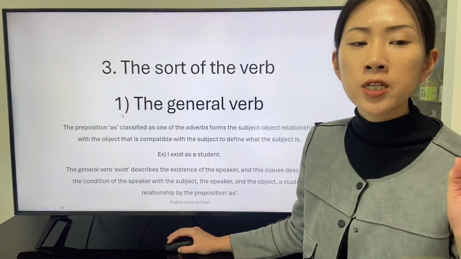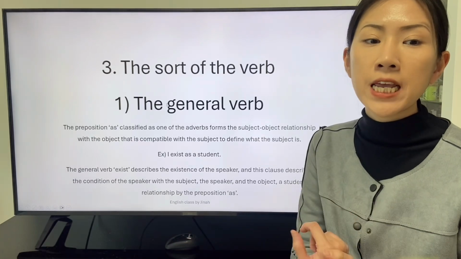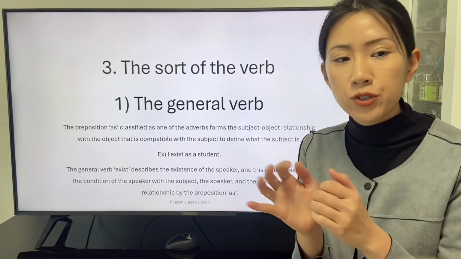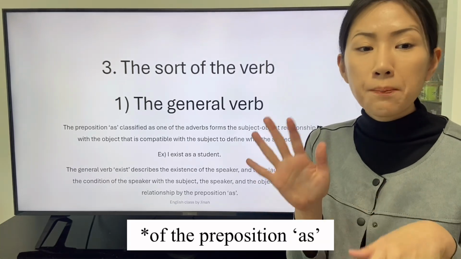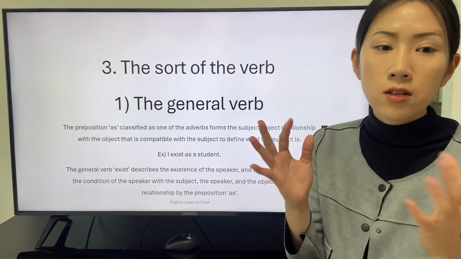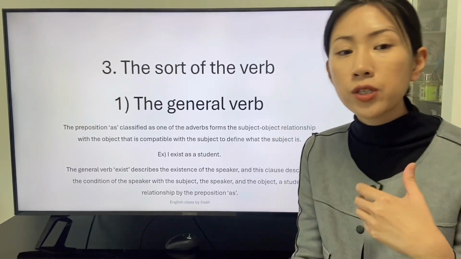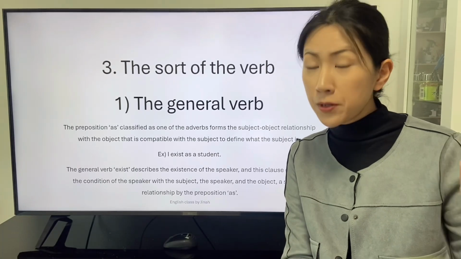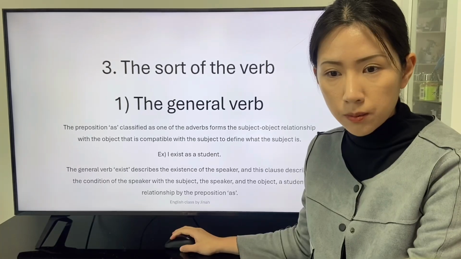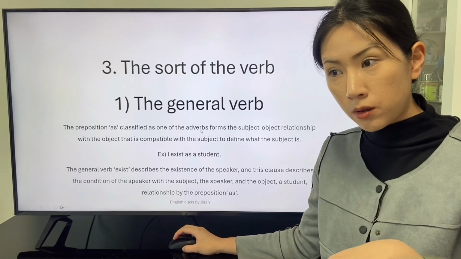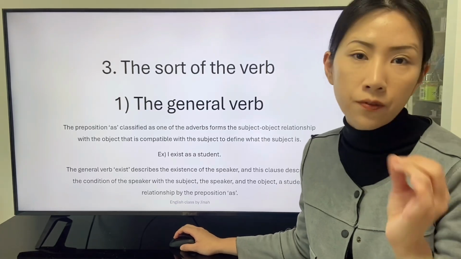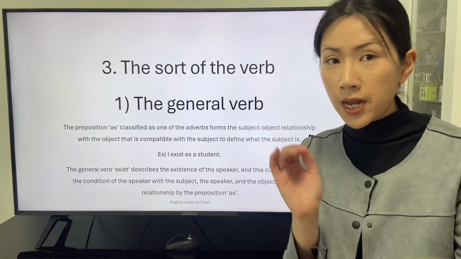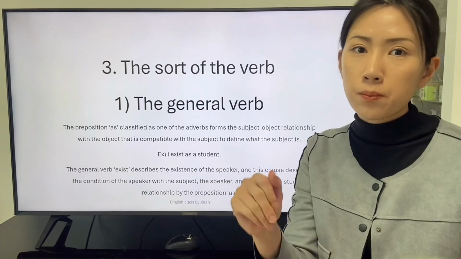The preposition as, classified as one of the adverbs, forms the subject-object relationship with the object that is compatible with the subject. To define what the subject is, we study about a preposition as preceded to the class about the adverb. The preposition makes a relationship between a subject and an object, like a verb.